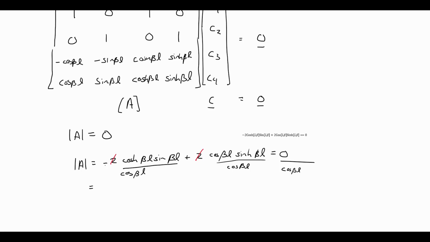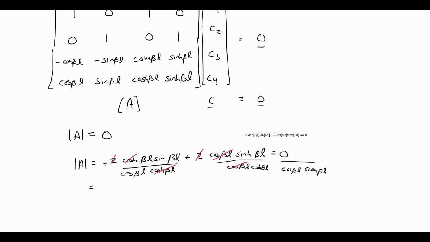And I can also divide by a cosh beta L. Again, everything will get divided by the cosh beta L. So I'm allowed to do this; I'm doing the same thing to both sides of my equation. These coshes are going to cancel, these cosines are going to cancel, and the right-hand side is going to remain 0.